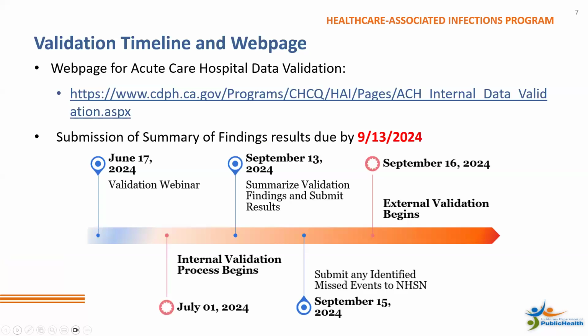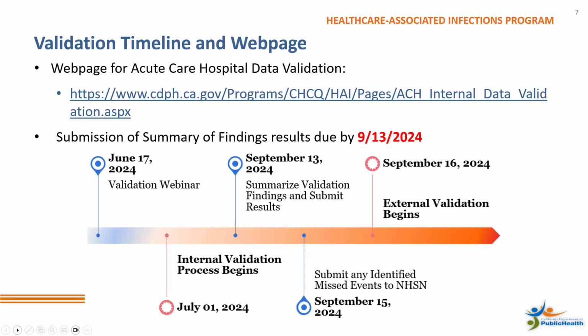Here we have the validation timeline and the web page. You can click on this link and get to our web page and see the timeline and our other resources available. It officially begins July 1st, 2024, and on September 23rd is the deadline for submission of your findings.